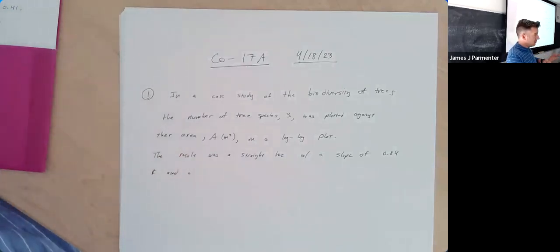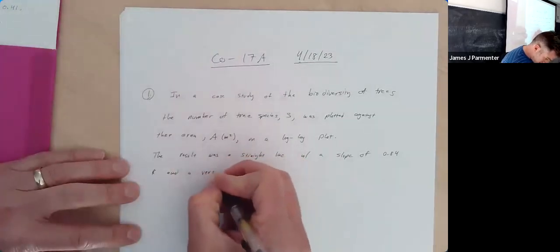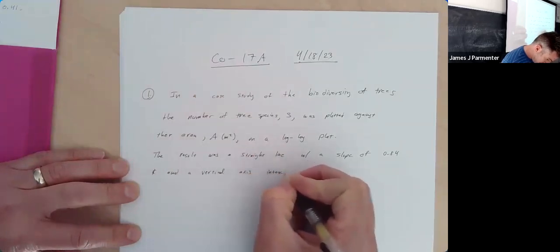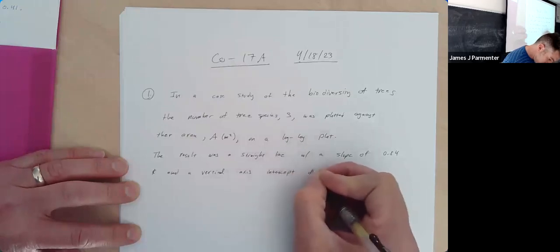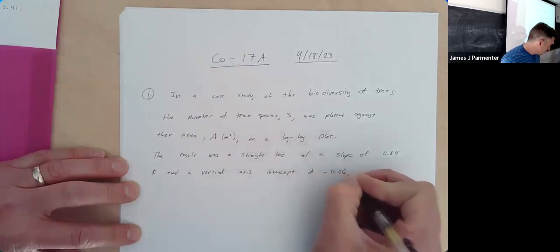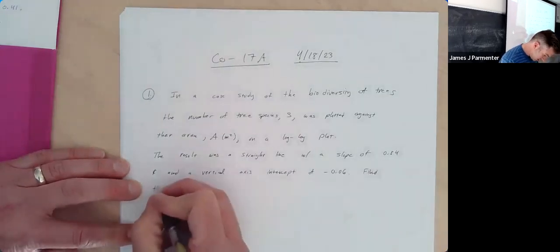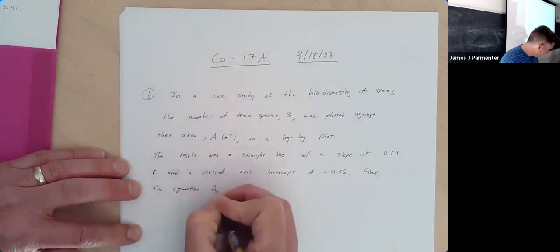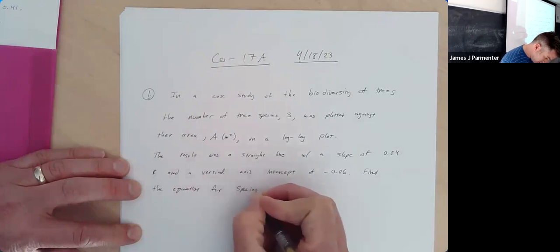So they're trying to be very kind of cagey to say it's the vertical axis intercept, of negative 0.06. We want to find the equation that relates species as a function of area.